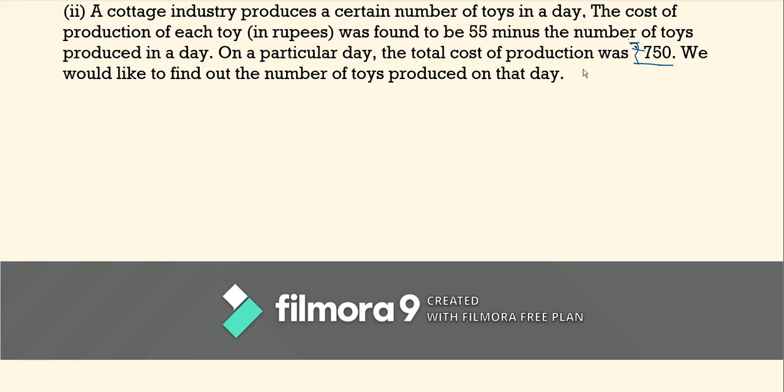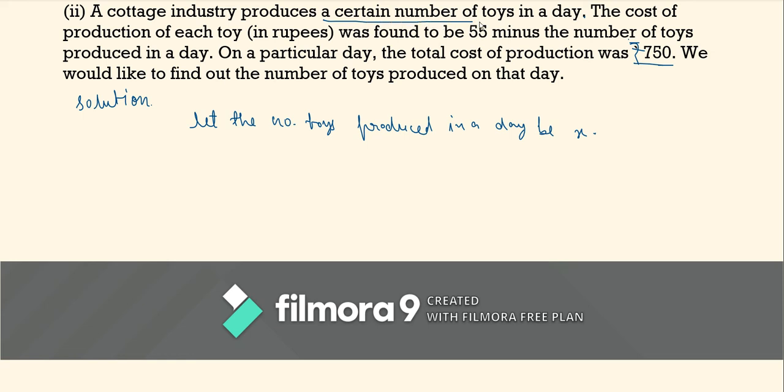Now how to solve this? First of all, you will write the solution, and let the number of toys produced in a day be x, because the cottage industry produces a certain number of toys in a day, so that certain number we have taken as x.